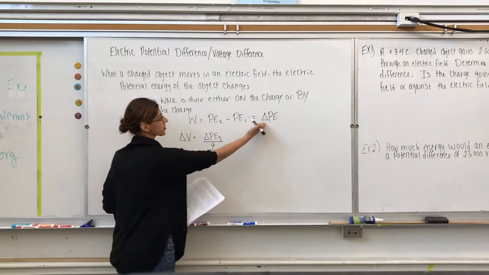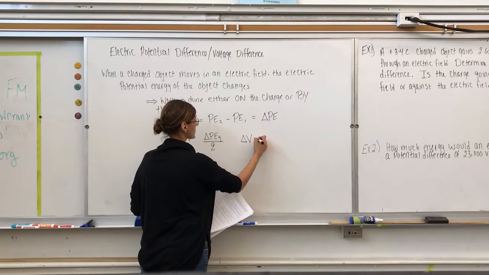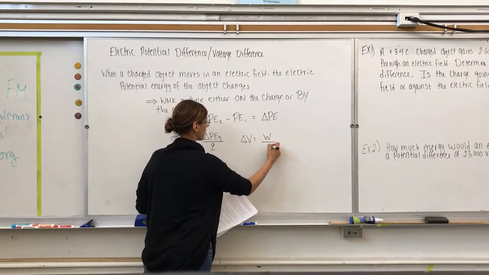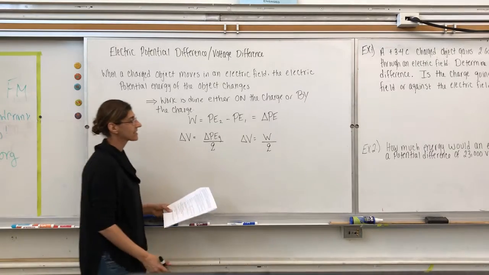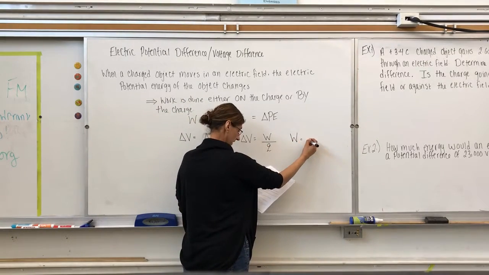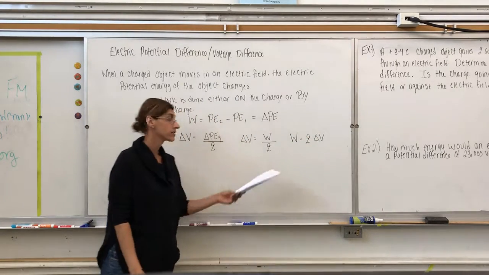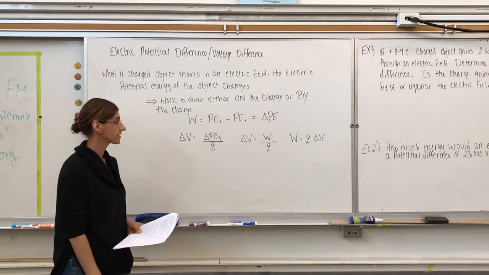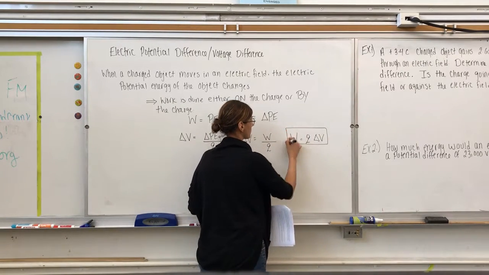I can substitute work for the change in potential energy, so this will look like work over charge. If I manipulate this equation, I get work equals the charge times the voltage, or potential difference. That's an equation you will have at your disposal and can use as well.